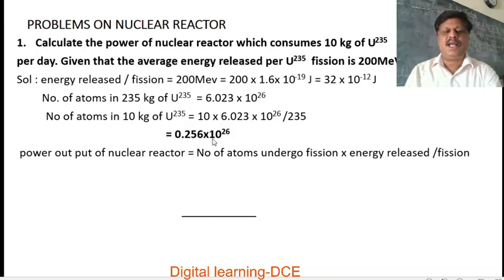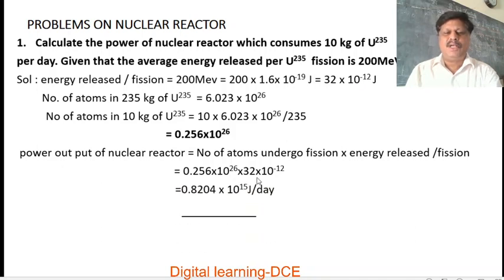From this, we can calculate the output power from the nuclear reactor. That is equal to number of atoms undergoing fission into energy released per fission. So this is 0.256 into 10 power 26 into 32 into 10 power minus 12 joule. So after multiplication we get 0.8204 into 10 power 15 joule per day.